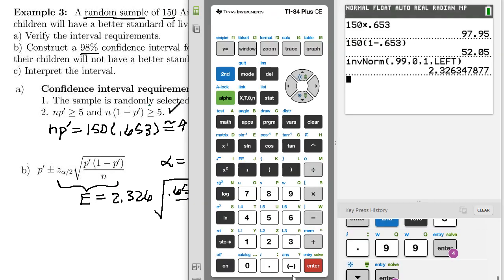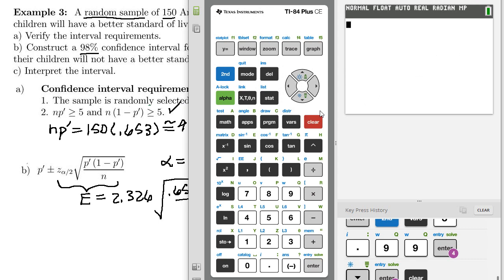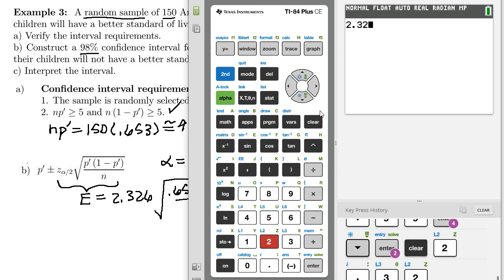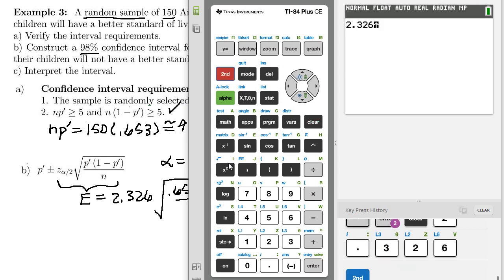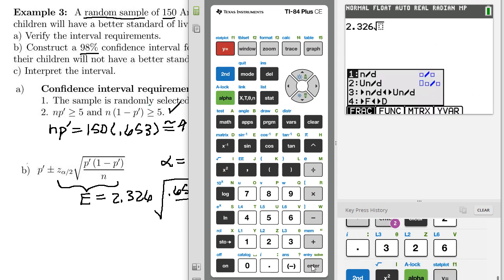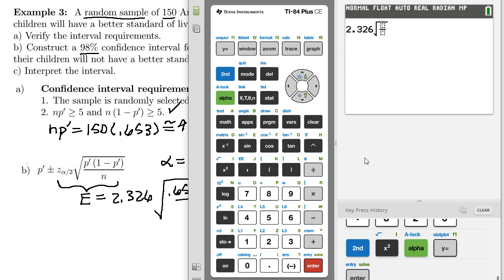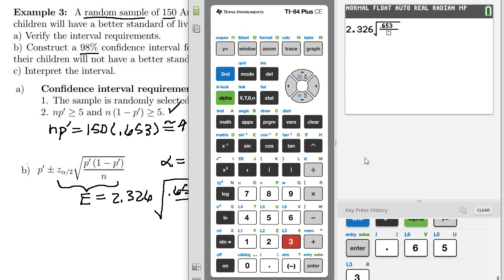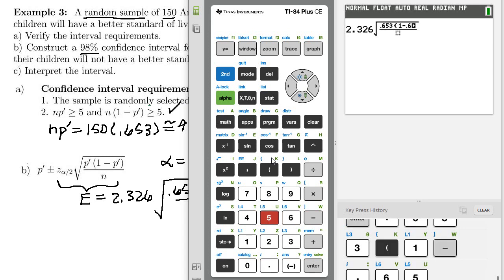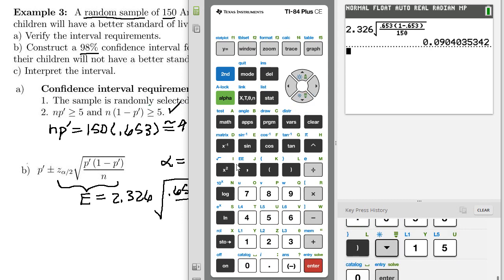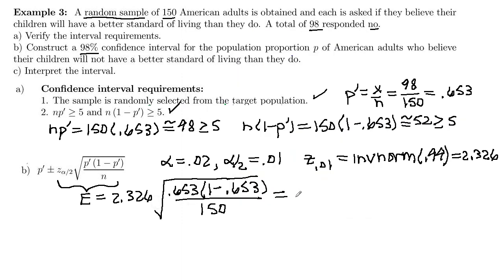So let's compute that on the calculator. 2.326, we need a square root. I'm going to do alpha y equal enter to get a horizontal fraction. So now 0.653 in the numerator, times 1 minus 0.653, close up our parentheses, 150 in the denominator, 0.090 to 3 decimal places.